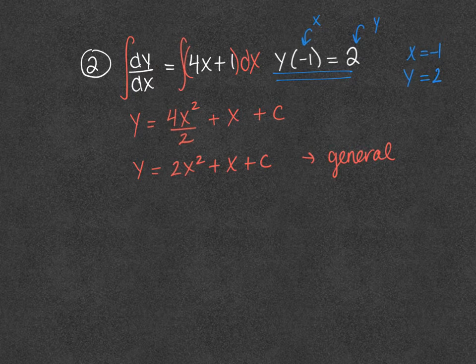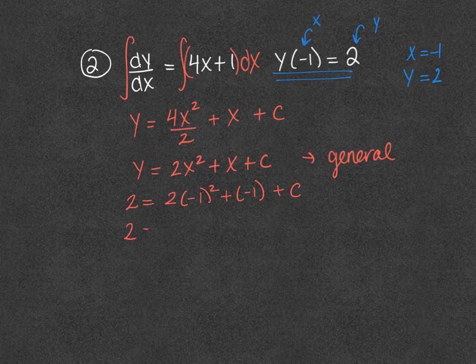In this formula, we're going to plug in y is 2 and x is negative 1. Then find c.